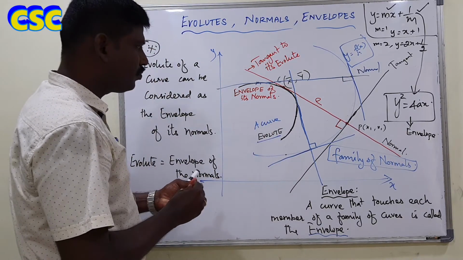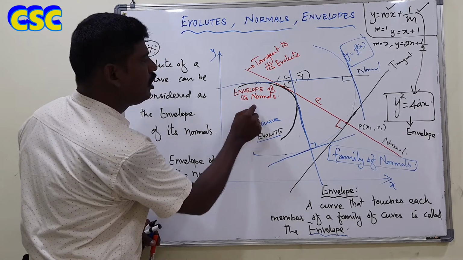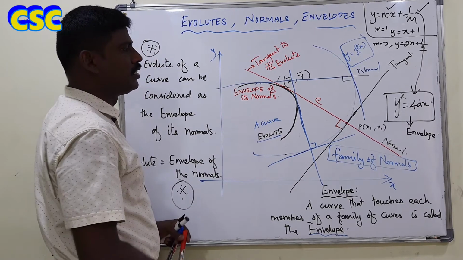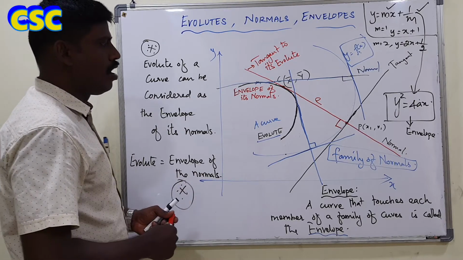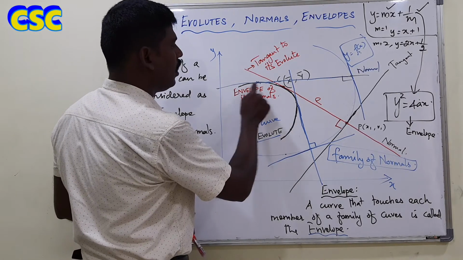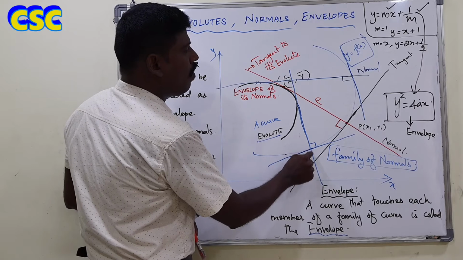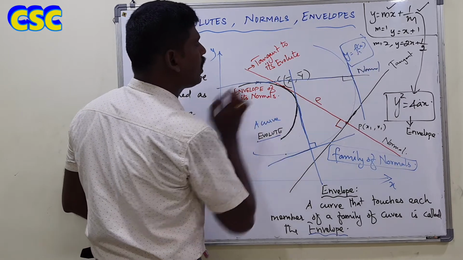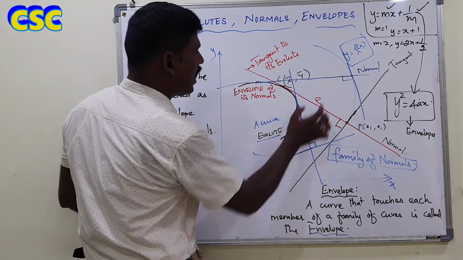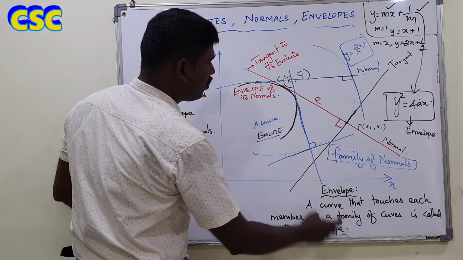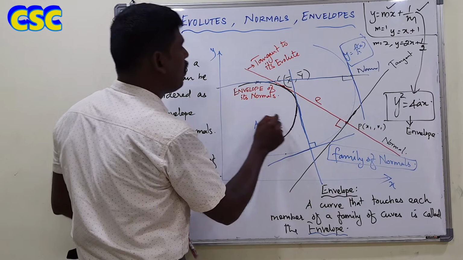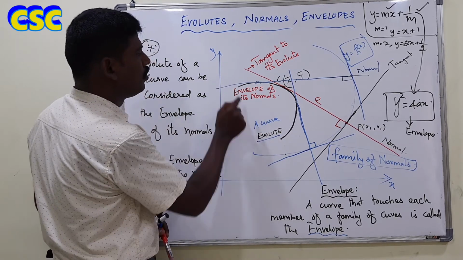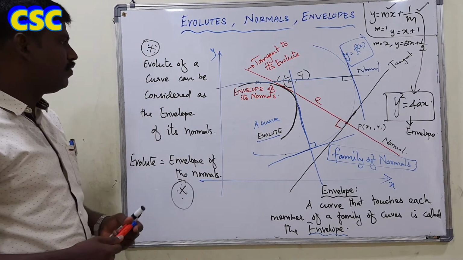That's all. So evolute is equal to envelope of its normals. This evolute curve touches all the normals to the curve at exactly one point. So it satisfies the condition of envelope. So therefore, this can be treated as the envelope of its normals. So both are equal. So evolute is nothing but the envelope of the normals.